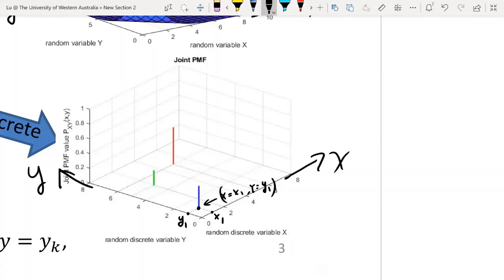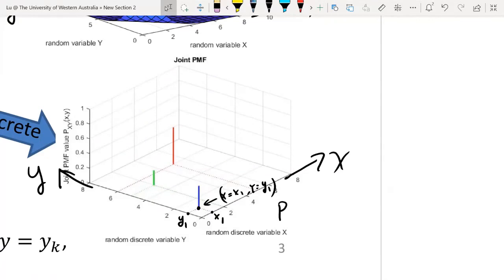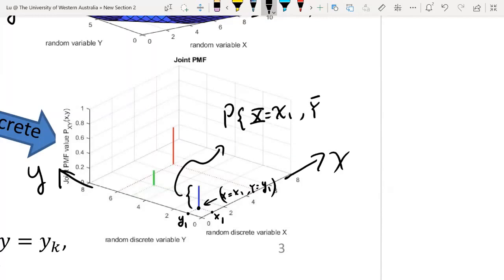At this given point, the height of that small blue column indicates the probability that the random variable X equals x1 and Y equals y1.